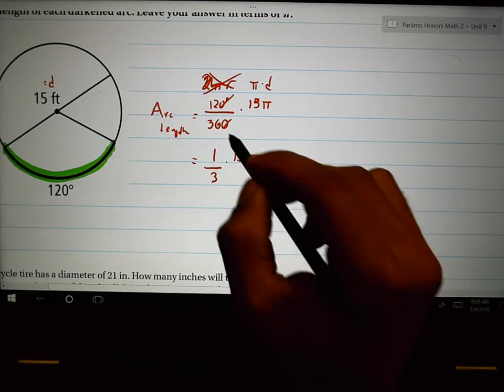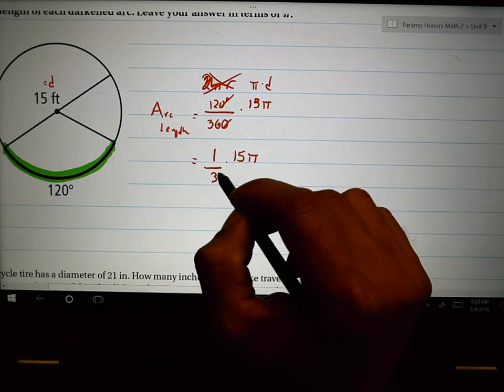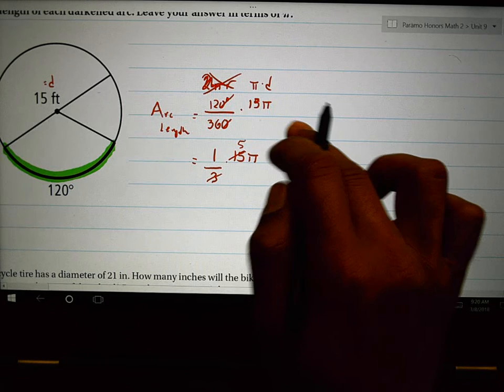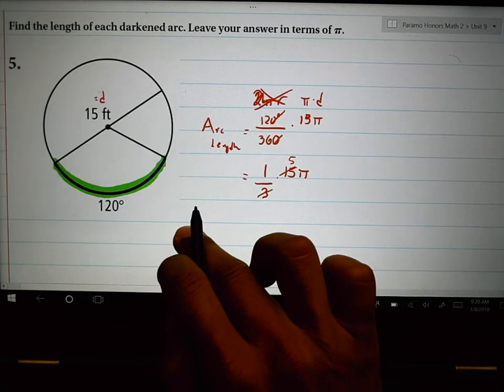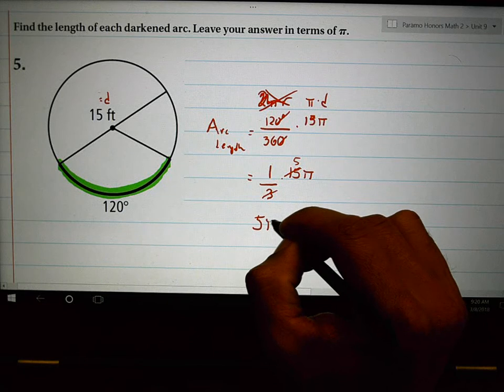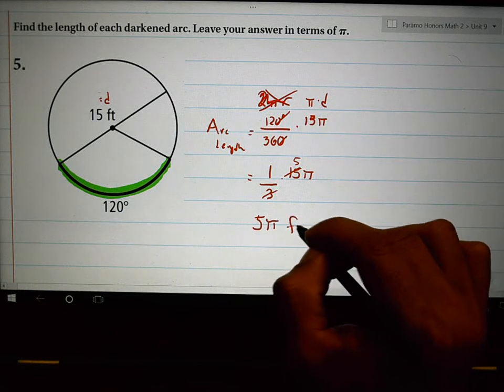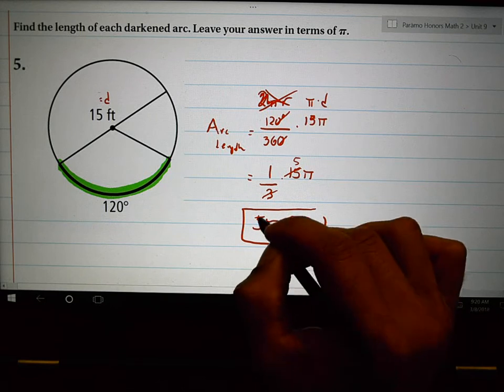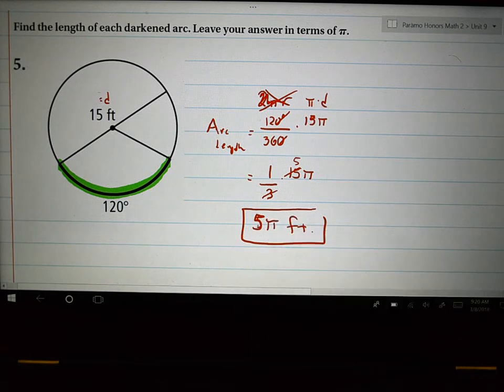And so if I know that goes into 3 times in the denominator, 3 goes into 15 5 times, and I have to leave my answer in terms of pi, then my answer is 5 pi feet long. That's the distance around that arc.